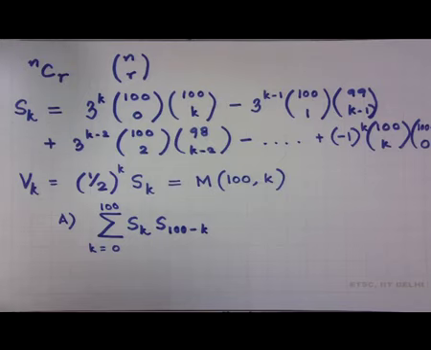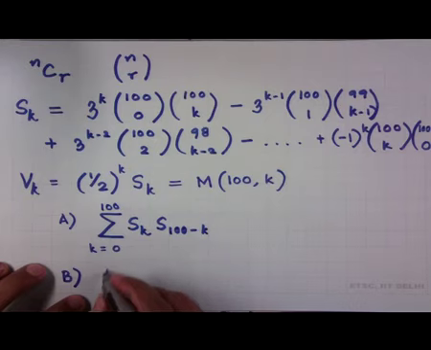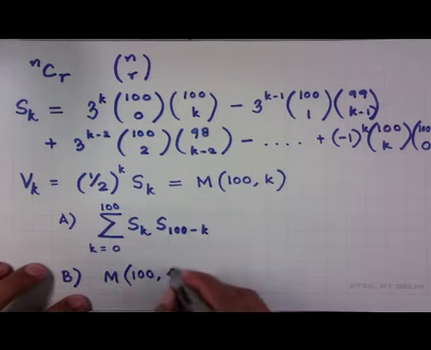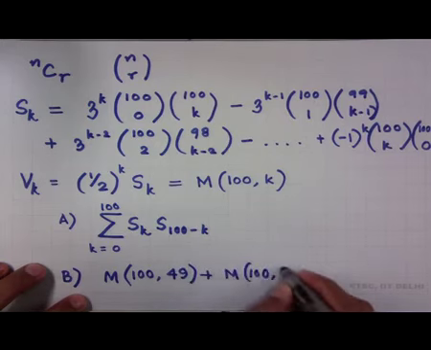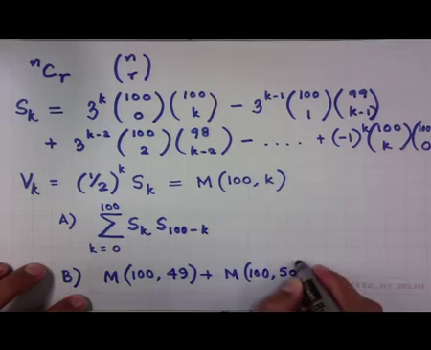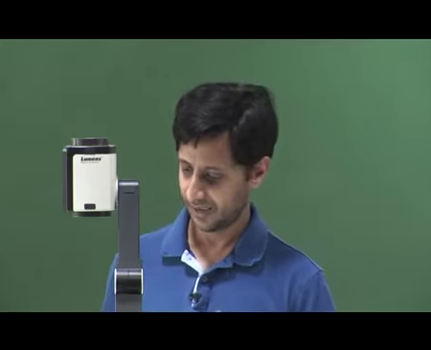And then the second question he is asking is, can you find m 100 comma 49 plus m 100 comma 50. These are his two questions based on that paragraph. All right.